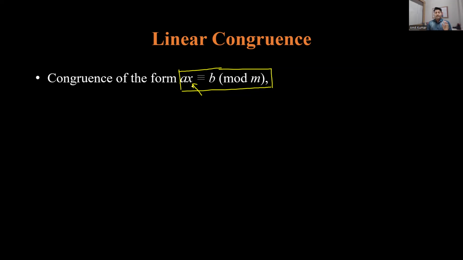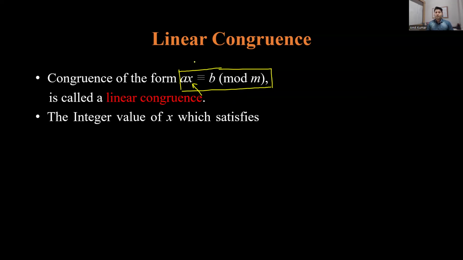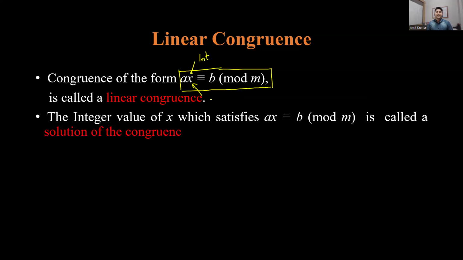So the name linear, quadratic, or cubic indicates the degree of the variable involved in the congruence. Now, if I'm talking about the solution of this congruence, we mean any integer value of x, do remember, integer, which satisfies this congruence.